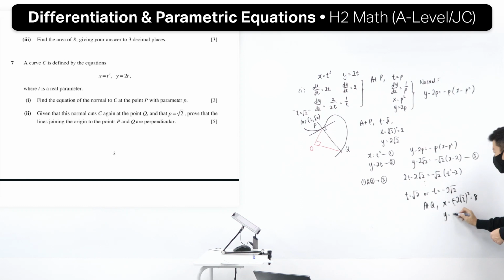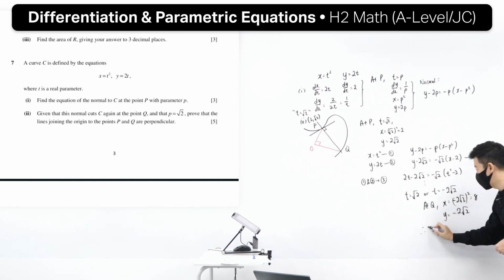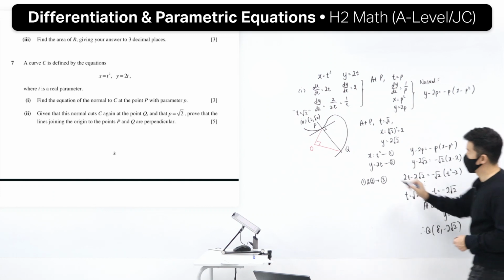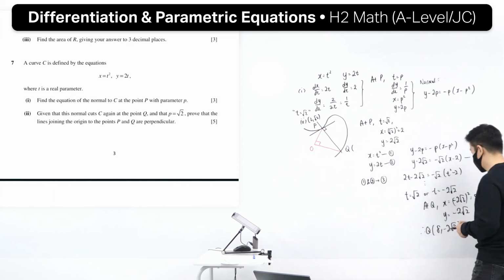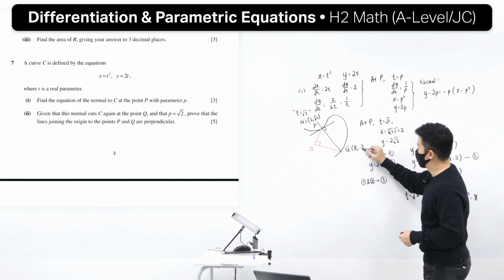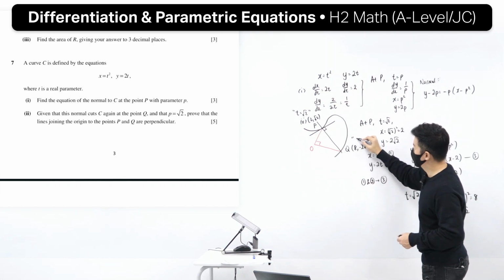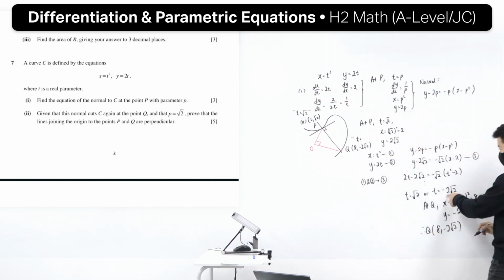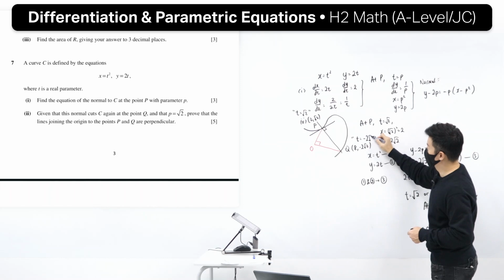Then y is going to be equal to minus 2 square root of 2. Therefore, point Q has coordinates (8, minus 2 square root of 2), and t is minus 2 square root of 2.